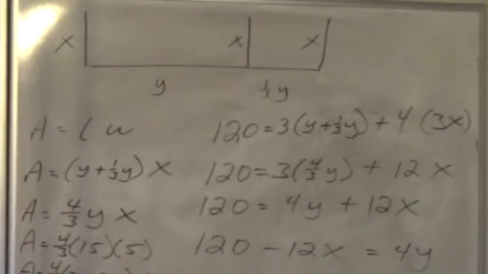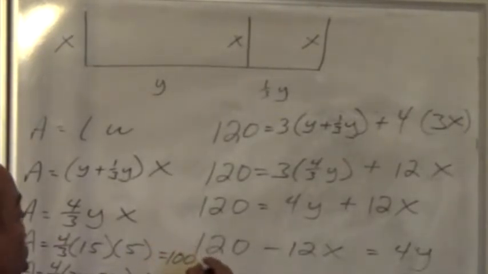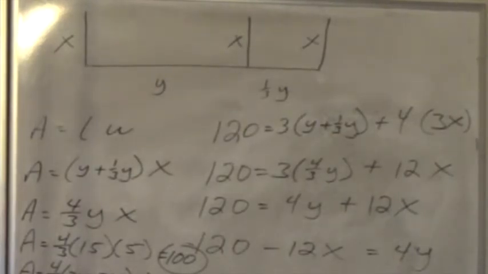Okay, and so 15 divided by 3 is 5. 5 times 5 is 25, and 25 times 4 is 100. So the maximum area would be 100 square units.